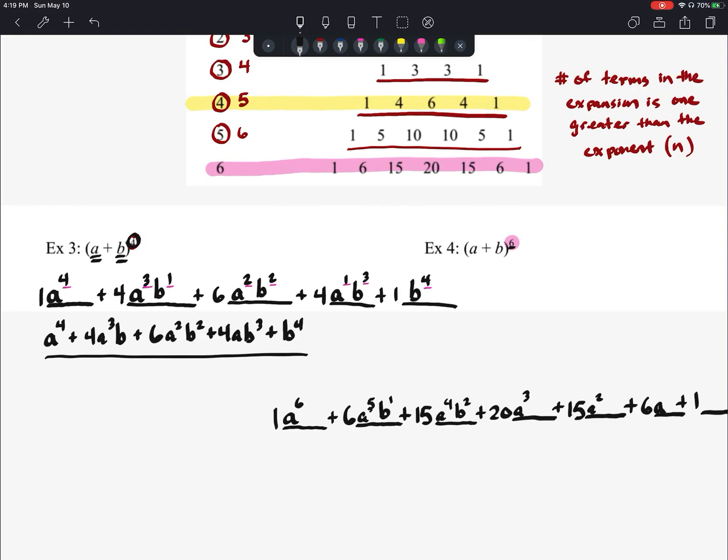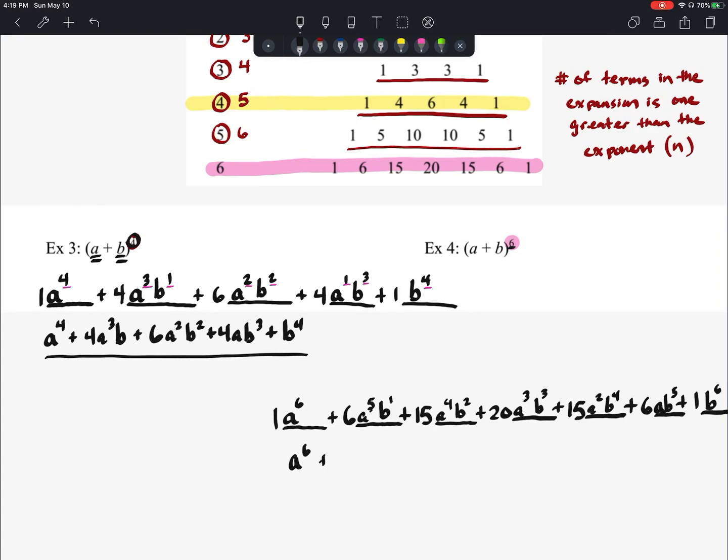And I know these are right because 5 plus 1 is 6. 4 plus 2 is 6. 3 plus 3 is 6. I have b to the 4th here. 2 plus 4 is 6. B to the 5th. And then the last one would have to be b to the 6th. And then we'll just simplify it down.